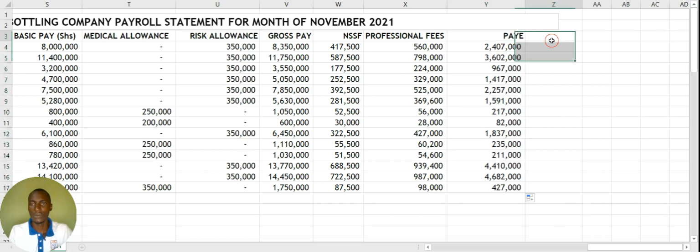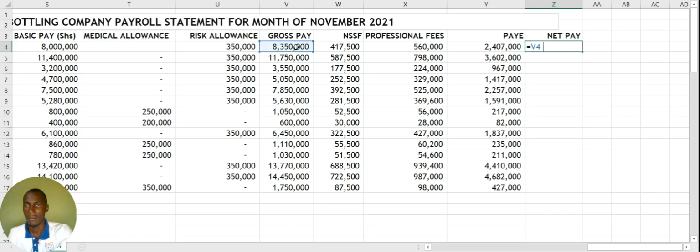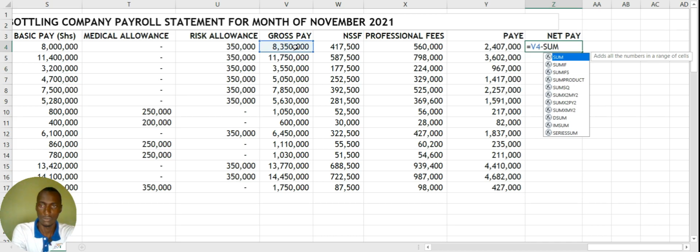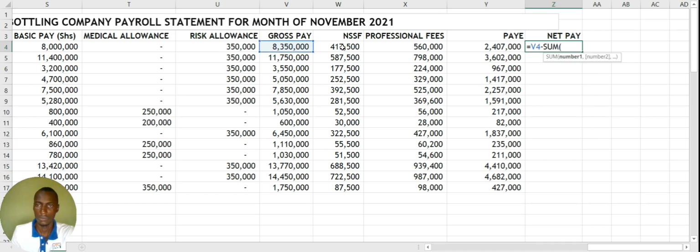What you have to do next is to get your net pay, and net pay is the gross pay minus all the deductions. So gross pay minus the sum of all these deductions.